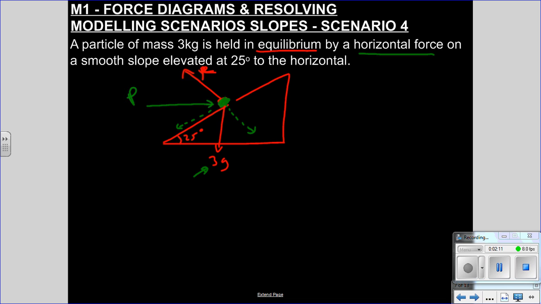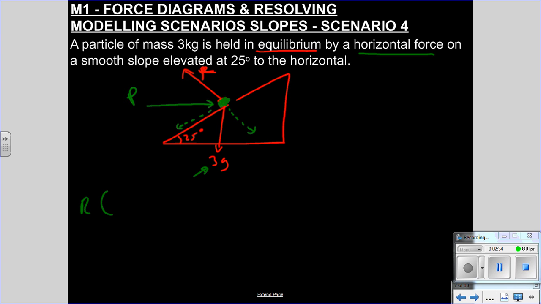Remember, you're always going to resolve either perpendicular to the slope or parallel to the slope, but it doesn't have to be perpendicular and parallel. All it means is that I'm resolving 90 degrees to each other, okay?